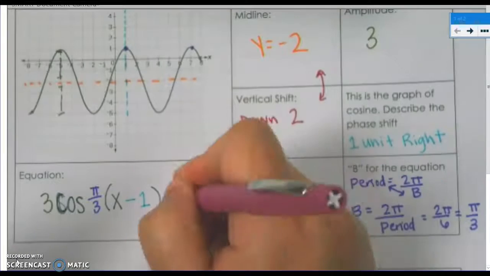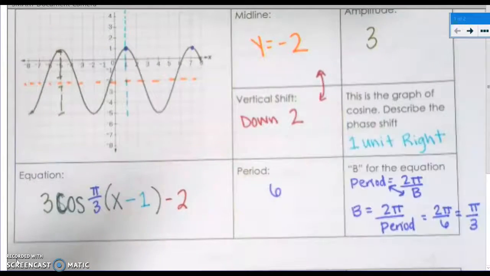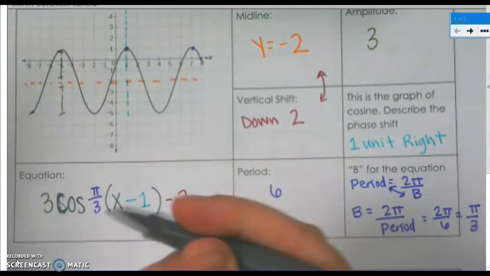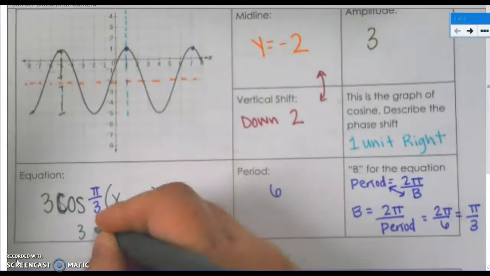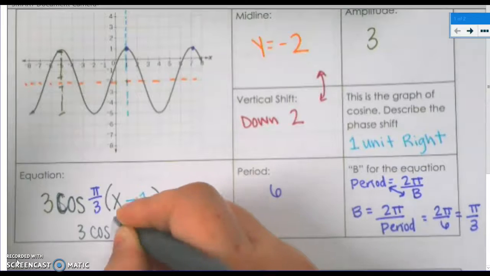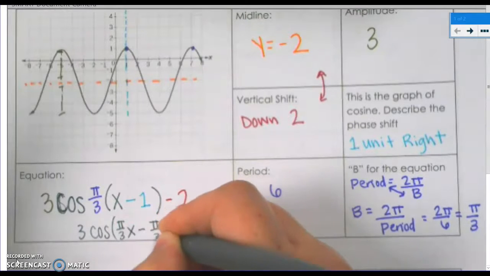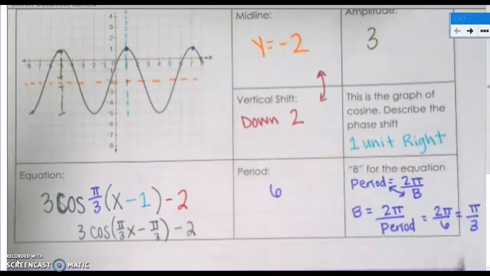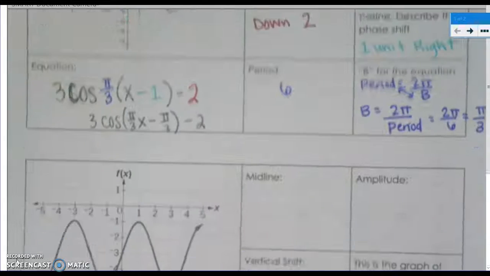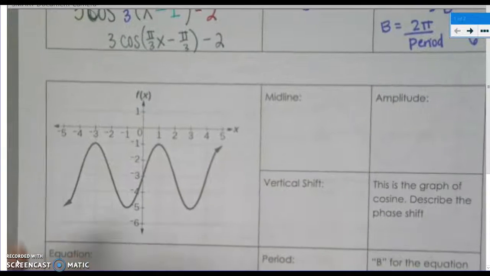My vertical shift is down 2. If you want, you can simplify, like you can distribute the pi over 3. So 3 cosine pi over 3x minus pi over 3 minus 2 is also the same thing. All right, next one.